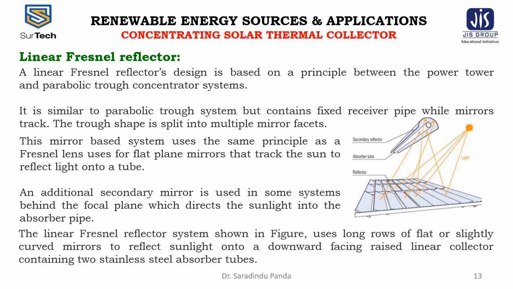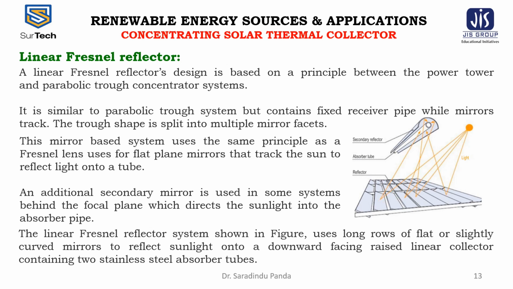This mirror based system uses the same principle as a Fresnel lens, using flat plane mirrors that track the sun to reflect light onto a tube. An additional secondary mirror is used in some systems, shown in the figure behind the focal plane, which directs the sunlight into the absorber pipe.